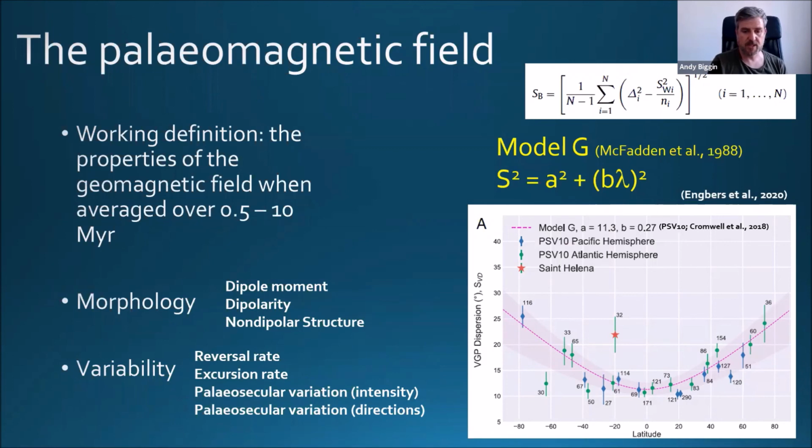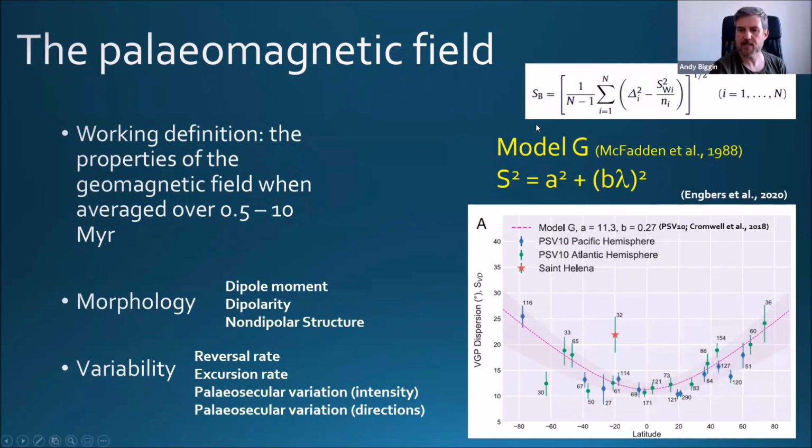In terms of the morphology, you've got the dipole moment and the average strength. You've got the dipolarity, the extent to which the dipole dominates, and then you've got the structure of what's left behind. In terms of the variability, you've got reversal rate, excursion rate, and then paleosecular variation, which can be intensity, or in this case, the variability in the directions.